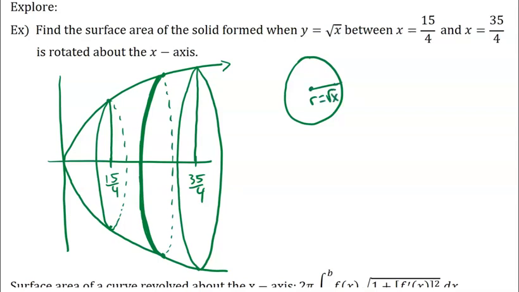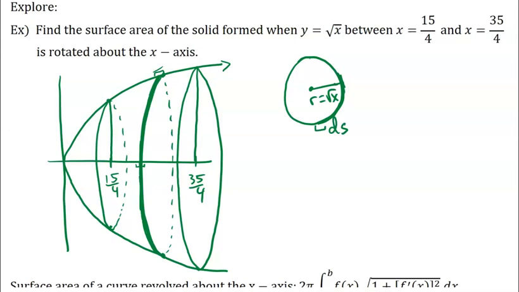However, this thickness is not dx, because now instead of the thickness being just from here to here, the thickness is along the curve at an angle like this, okay? And if we think about what we did with arc length, we know that that we could represent as ds, if we're using s for arc length.